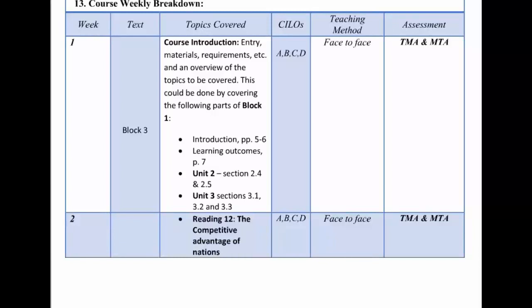So it's very good to attend the first class to get a general idea about the course. Then in the second class, next week, inshallah, we will start to see the materials listed in the course calendar.